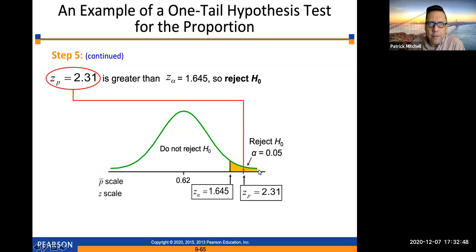Remember, I'm not a fan of memorizing all those rules that we saw a couple sections ago. Just draw the picture, draw your critical region, your rejection region, and see if your calculated test statistic comes out to be in that rejection region. So in this case, it does. Anything greater than 1.645, we will reject the null hypothesis.